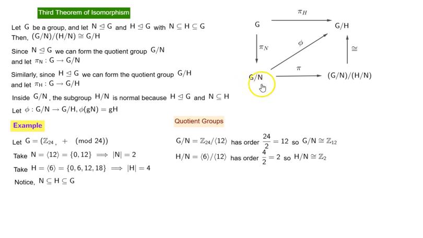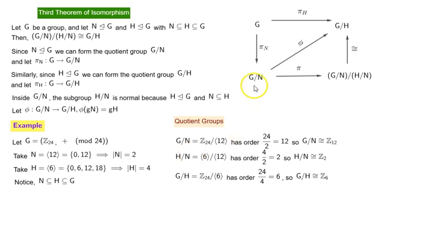Okay, so we have seen G/N, we have seen H/N. Now G/H. So G/H is equal to Z sub 24 by the subgroup generated by 6, which has the order 24/4, 4 elements generated by 6. So 24/4 equals 6. So the quotient group G/H is isomorphic to Z6. That is the set of integers under addition modulo 6.